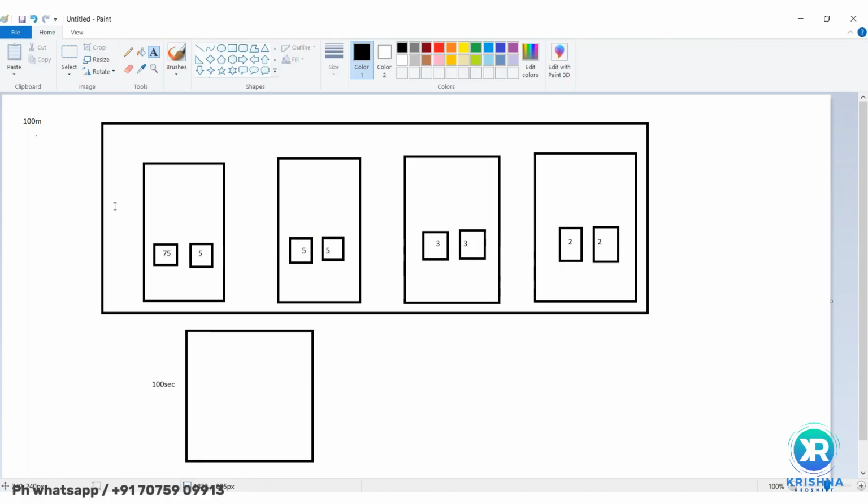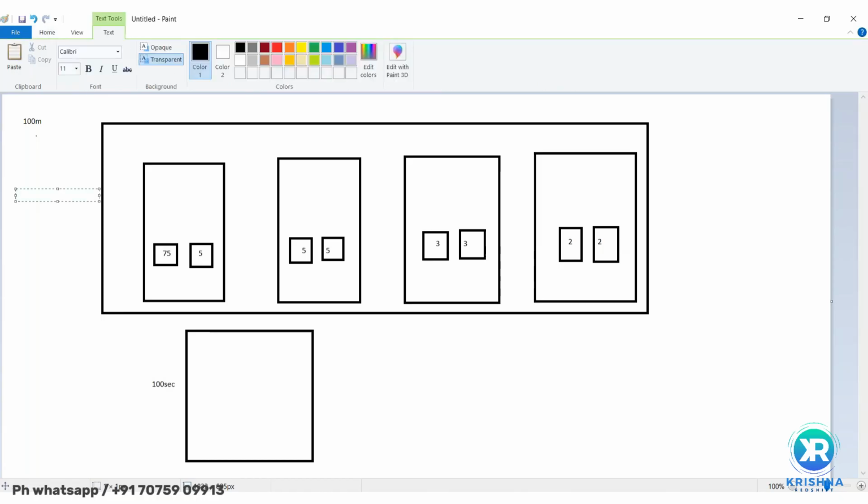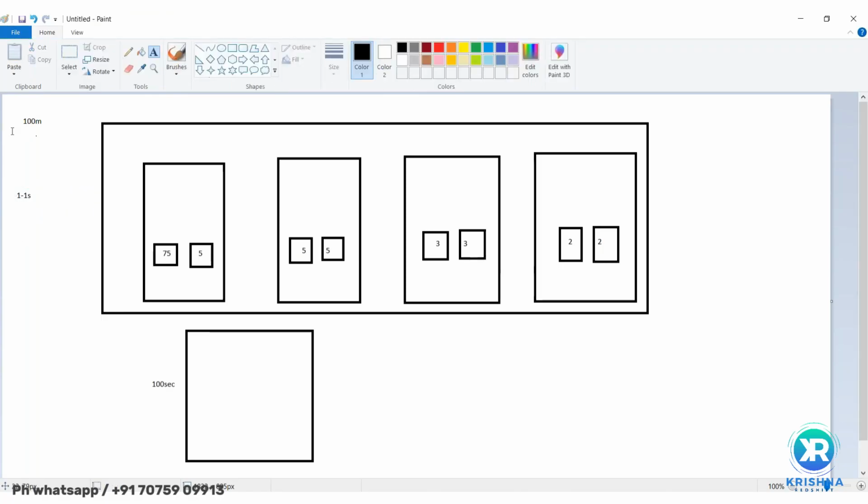Distributing one record takes 1 second. The data is already distributed like this.